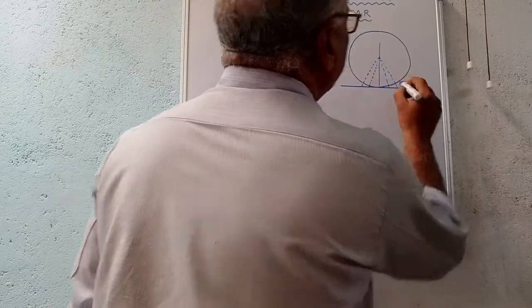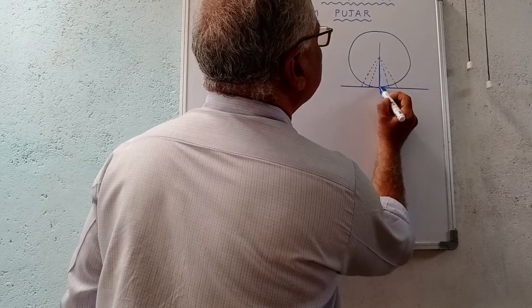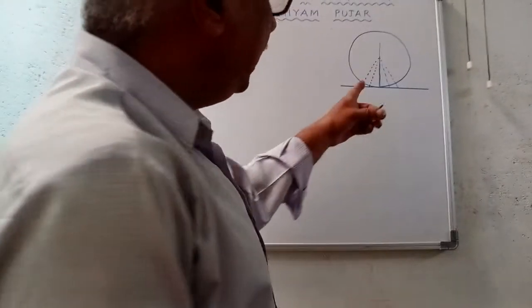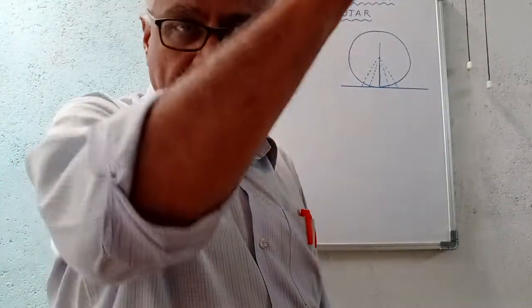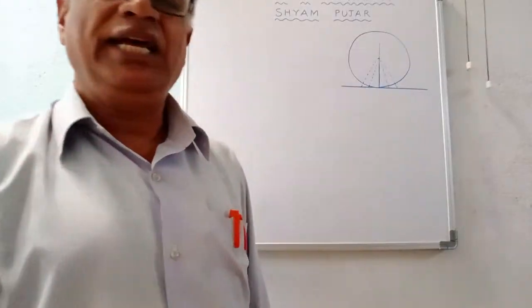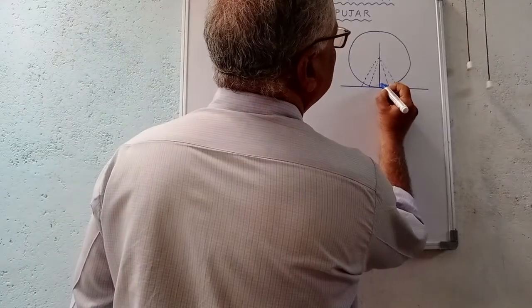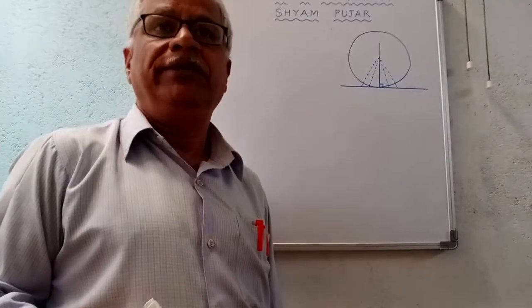Hence, this line will be longer. So, which will be the shortest line? The shortest distance is this. Hence, we deduced that yes, that is the shortest line, and from any point to any straight line, if you draw the shortest line, what angle will it make with that line? It makes an angle of 90 degrees. So we have learned this earlier.